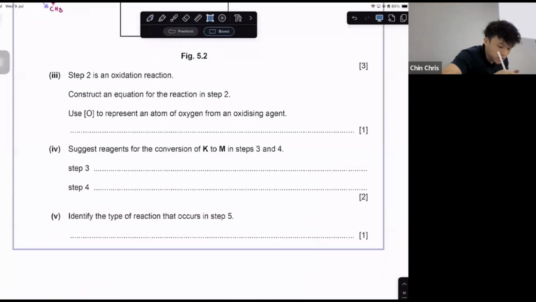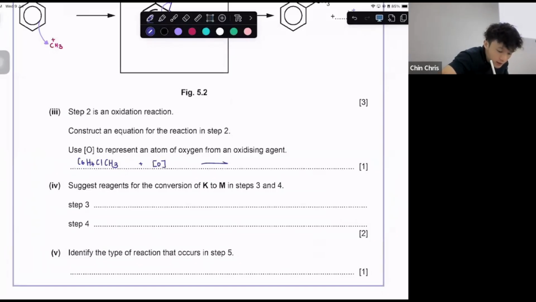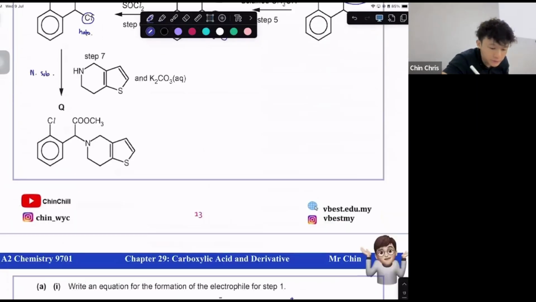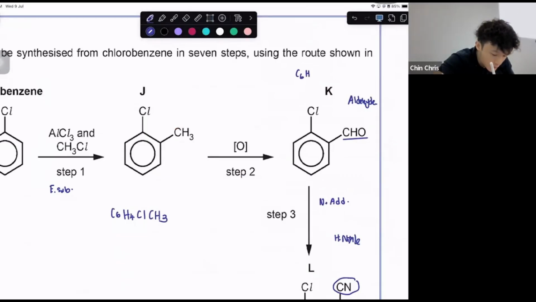Copy this. Write it here. Plus a square bracket O. It's going to turn into what? Count. This will be C6H4, Cl, CHO, right? Correct.